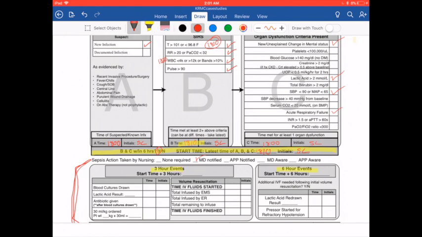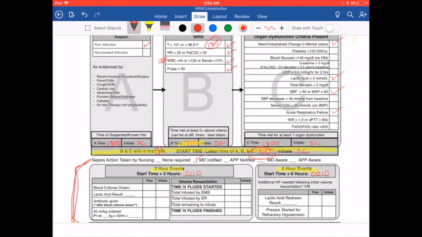So what we're going to do is first calculate our 3-hour event. So we know that our start time was 1810. So you take 1810 plus the 3 hours, which would be 2110. And then the start time plus 6 hours, which would be after midnight at 0010.